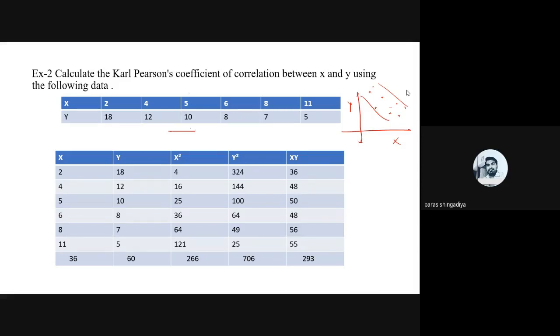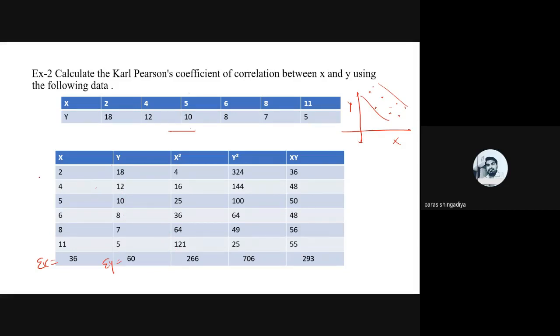So to use the formula, prepare this table. You can also consider row-wise form if it is suitable for you, otherwise you can consider column-wise data: x, y, x square, y square, and xy. The total of x, that is sigma x: 2 plus 4 plus 5 plus 6 plus 8 plus 11. The total of y, that is sigma y: 18 plus 12 plus 10 plus 8 plus 7 plus 5.